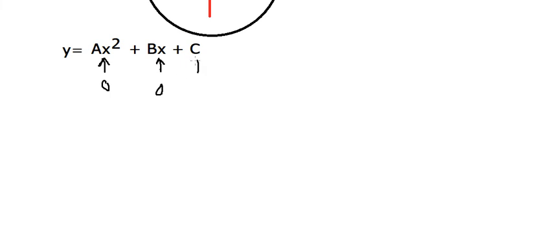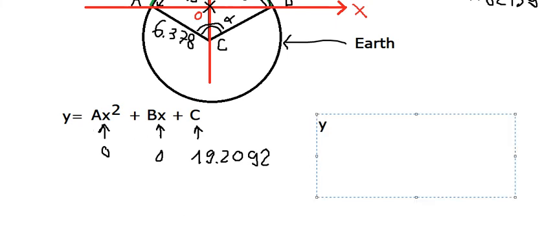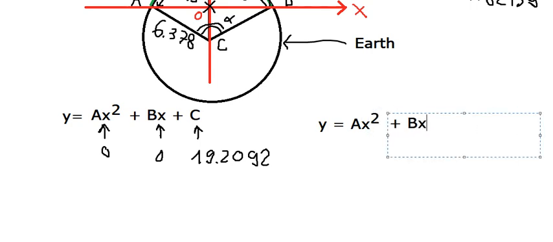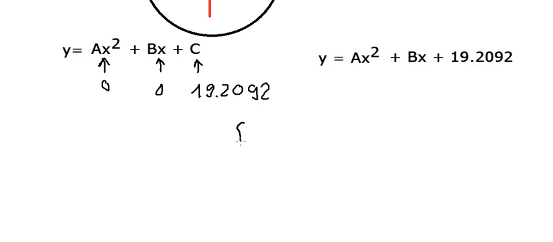So we can find the value of c in here. So the first one you will get y equals ax squared plus bx plus 19.2072. Now we have 2 locations A and B. We put them to create the system of equations.